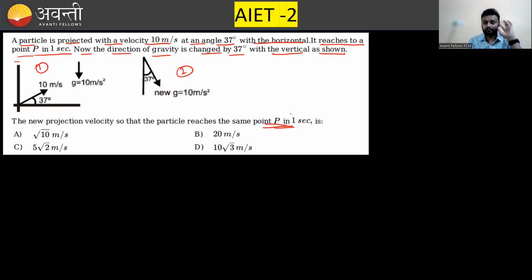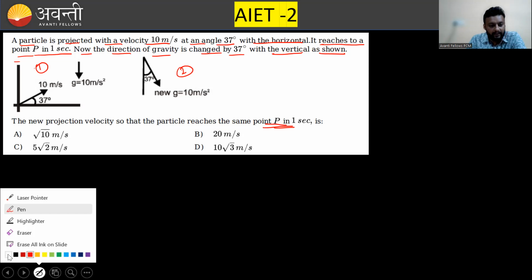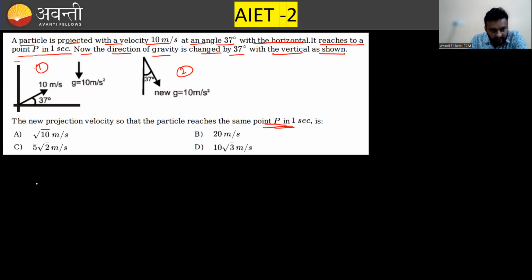Now, after reading the question, one thing is very clear in my mind, that there is a point P. The particle needs to reach this point P in both the situations. That means the first aim of mine is to find the location of this point P. Very clear, your small goal should be very clear. So I am drawing a rough diagram.